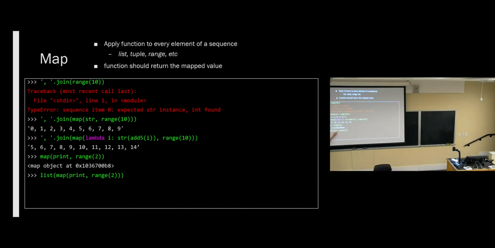It always returns something. Void functions in Python return None. And so mapping print over this range is actually going to result in a list containing None, None. So we're going to get the prints, but then we're going to get None, None. So this is an artifact of the difference between functions that do things and functions that return things. Print is not a return thing, so it doesn't really make sense to map a void function over a thing.